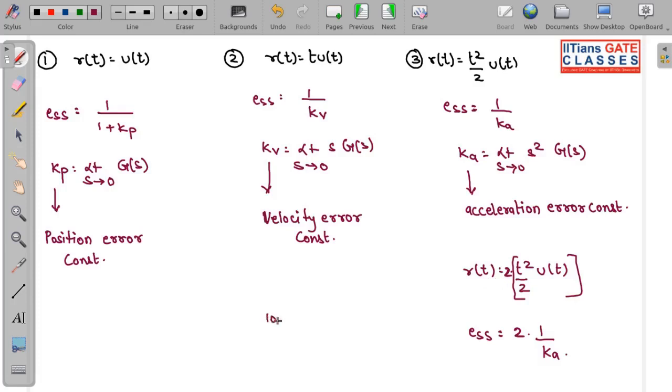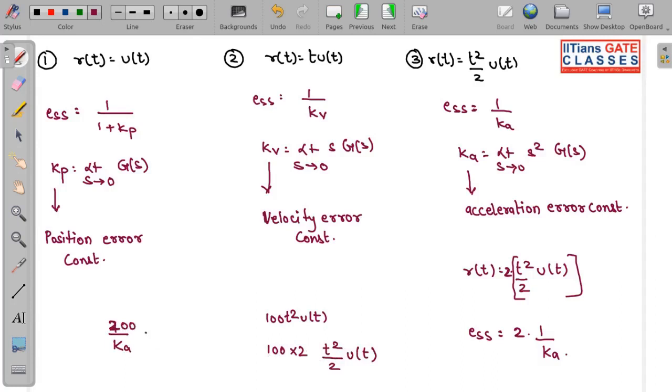Or if it is suppose 100 t square u(t), what are you going to do? Simply 100 into 2 t square by 2 u(t). So for this you have 1 by Ka, and over here you have the constant 200, so multiply with 200.